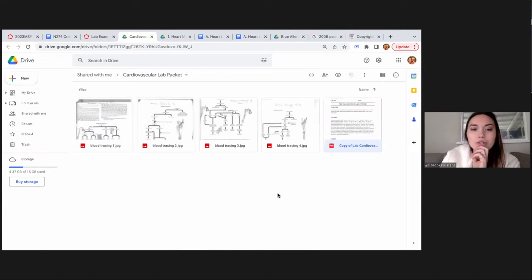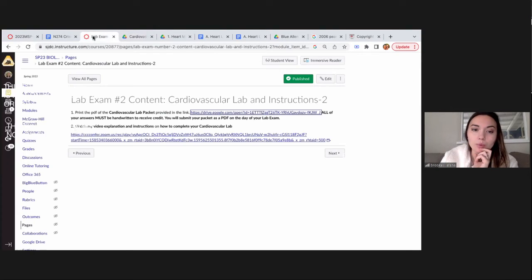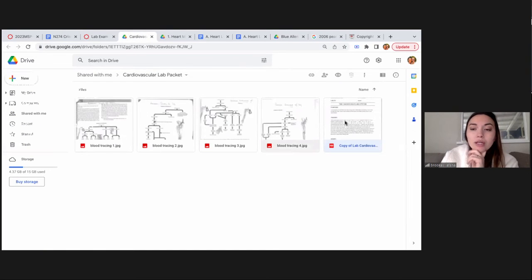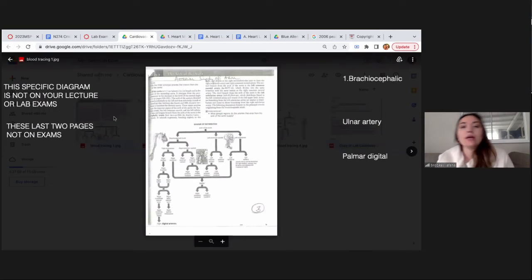So what you're going to do is use the images that are in the Google Drive packet to fill in the blanks. Again, where do you go? You're going to go to the Cardiovascular Lab Google Drive link, which I already am at right here. When you click on it, you can find the packet and these four images. So what we're going to do is look at the top.